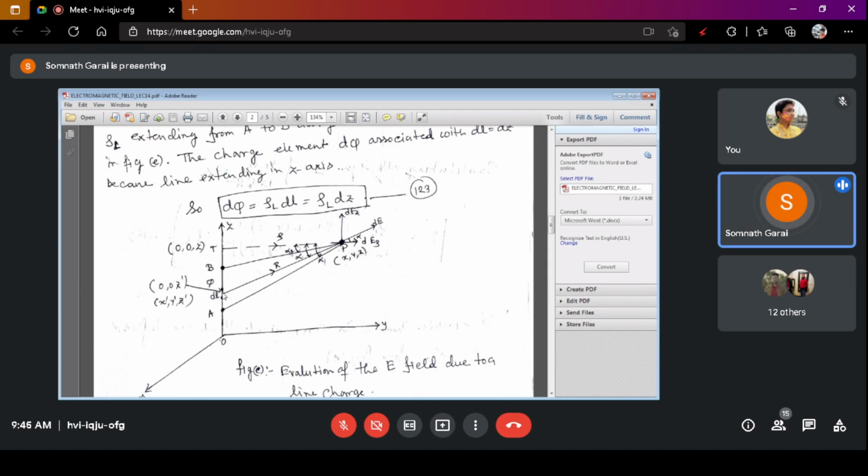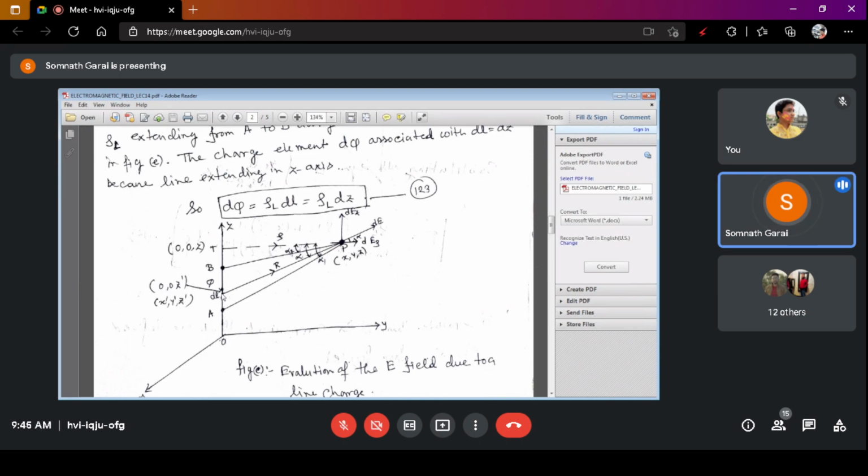There is a point Q whose coordinates are x dot, y dot, z dot. Here also x dot is equal to 0, y dot is equal to 0. So first we have to remember that the origin O has coordinates 0, 0, 0.